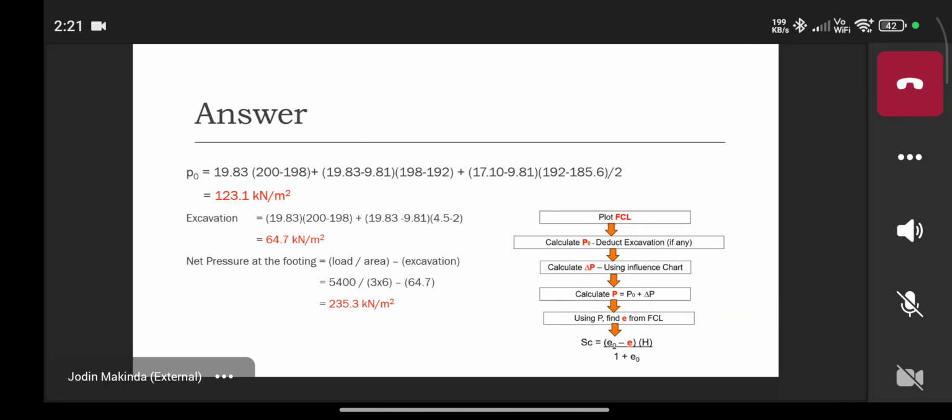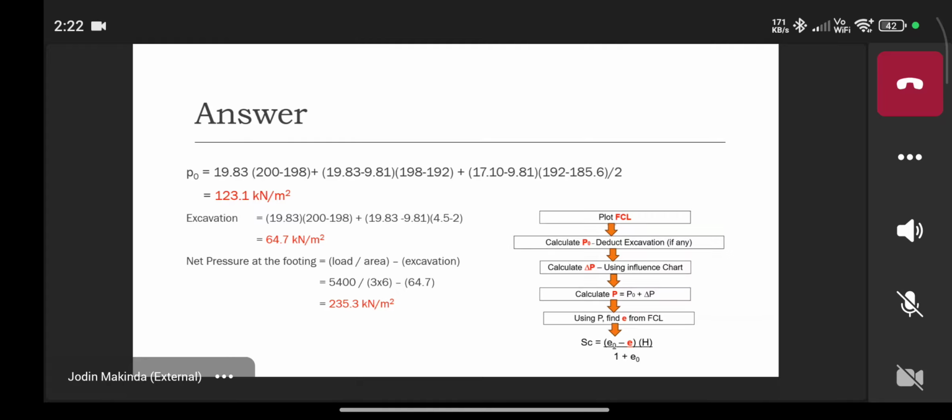See, initially you have the net pressure, load divided by area. Because there is some excavation, you subtract the excavation to obtain the net pressure. So this is step number 2.